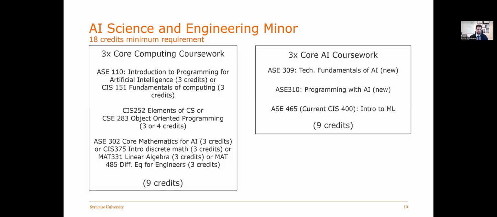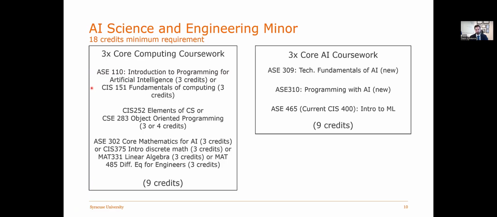Okay, so here is a summary of the program. So there are 6 courses. It starts out with a set of 2 courses for programming, and we have the first one. It is what's called ASE, that's the course code for AI Science Engineering 110, which is Introduction to Programming for AI.